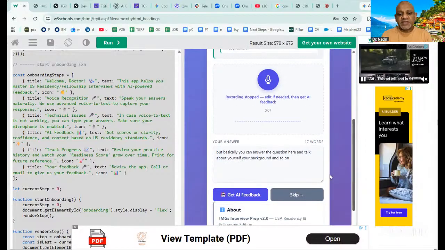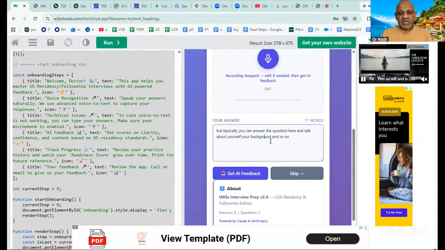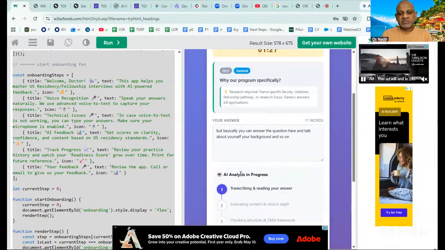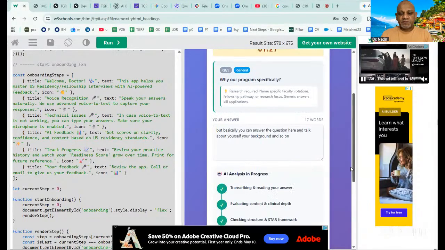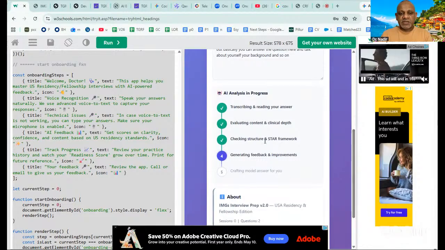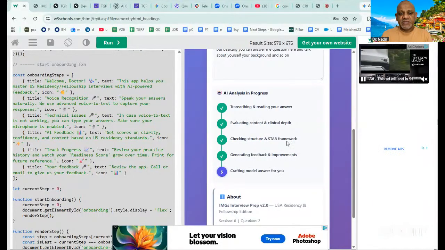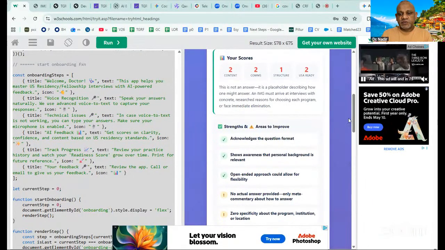So the next step is to use AI feedback. In that sense, you can type more, or you can add more recording here, and then you ask the AI, and it's connected with an AI tool that will transcribe and read the answer, evaluate it, check for structure, and give you feedback.